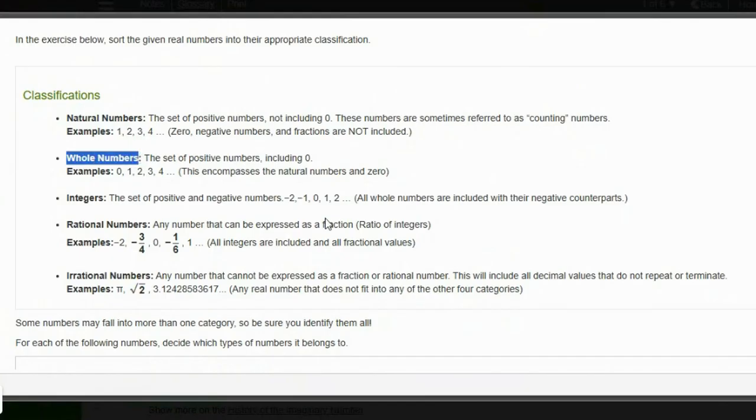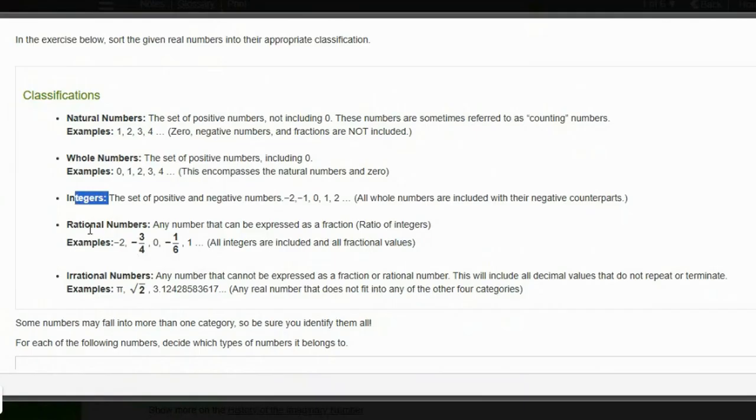Whole numbers are 0 plus the natural numbers: 0, 1, 2, 3, 4, 5, 6. Integers include everything above, all the whole numbers and all the natural numbers, but also add the negative whole numbers: -2, -1, 0, 1, 2. Those are all integers.